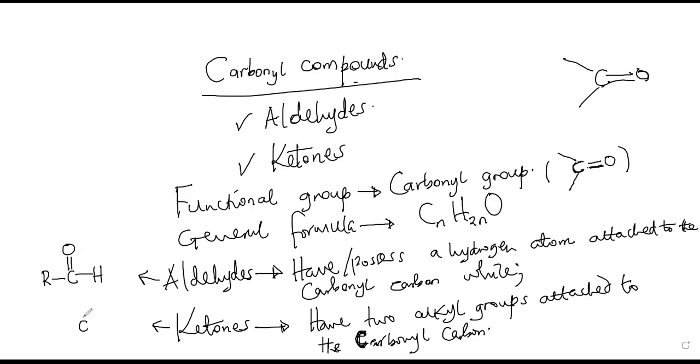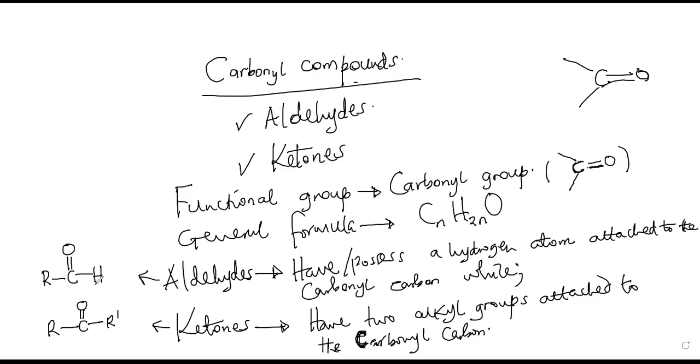So we have the carbonyl carbon, but we're saying that we have two alkyl groups attached. So these are ketones, these are aldehydes. We are going to look at the details of these compounds, and this will give us a clear picture of what carbonyl compounds are.